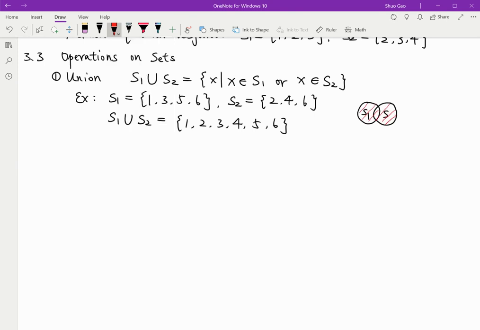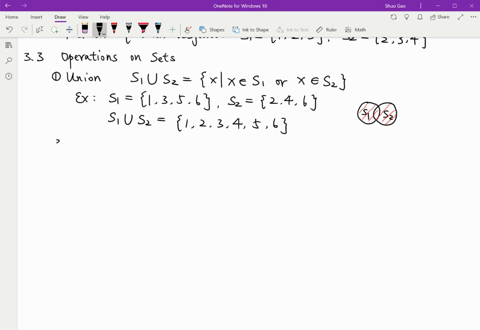Okay, this is S2. So the union, all the elements in S1 and S2, should be included in the union part. Okay, so this is the example here.